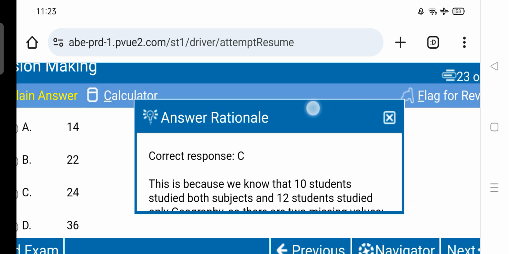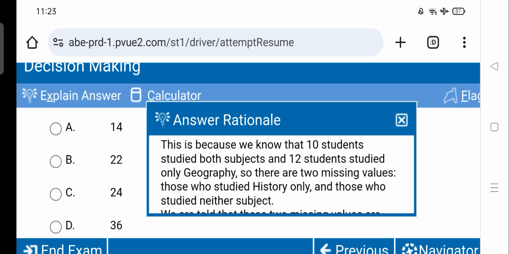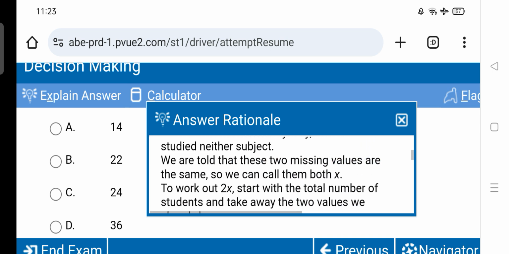The correct option is option C. This is because we know that 10 students studied both subjects and 12 students studied only geography. So there are two missing values: those who studied history only and those who studied neither subject. We are told that these two missing values are the same, so we can call them both x.